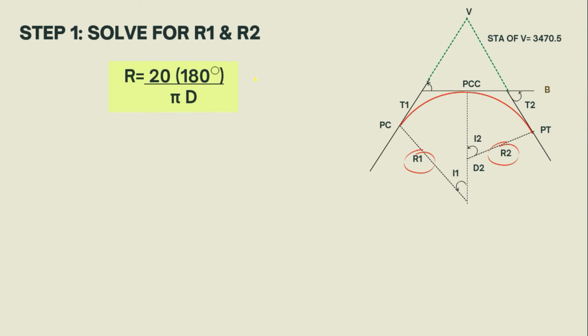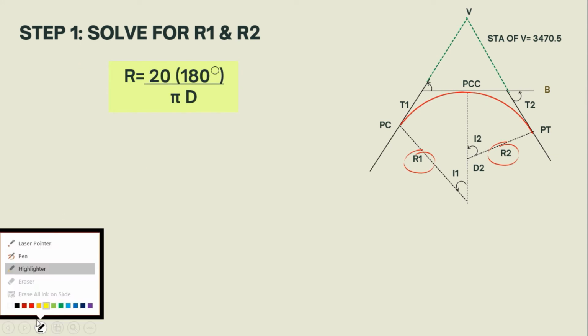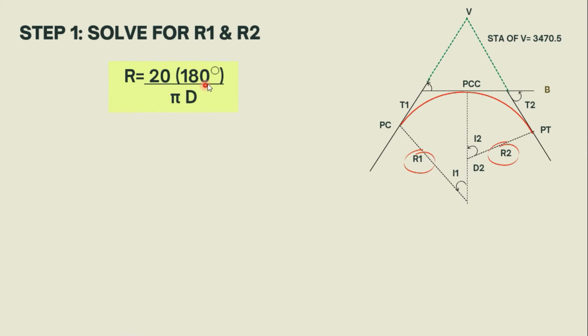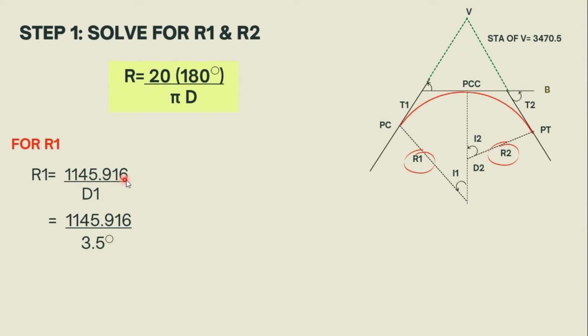From the formula that was derived in the simple curve as discussed by Ms. Lillowet, R is equal to 20 times 180 degrees over pi times the degree. To simplify that, R is equal to 1145.916 over D. Since we are given the degree of the first curve and the second curve, all we have to do is substitute it in the formula for the radius.